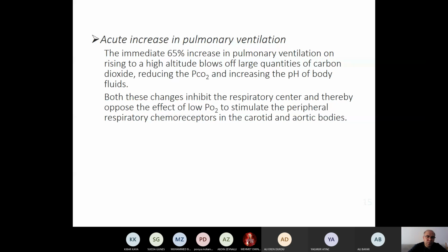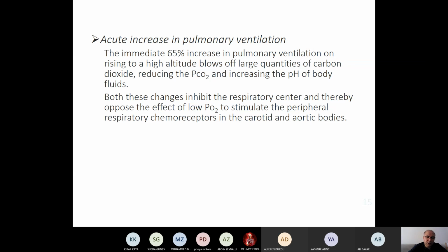Now, the acute increase in pulmonary ventilation. When you are exposed to low oxygen partial pressure, the peripheral chemoreceptors will be stimulated, and they will stimulate the center of respiration, and pulmonary ventilation will increase 65%.